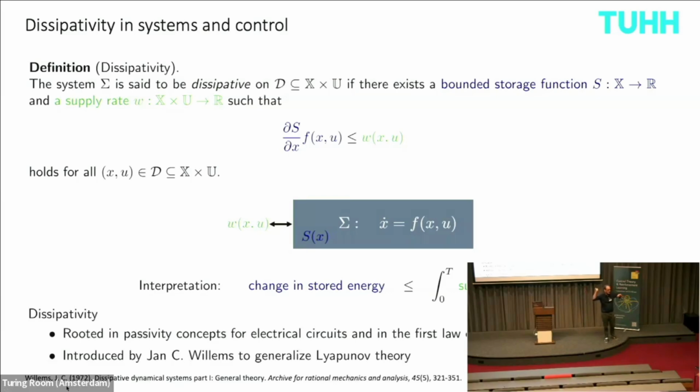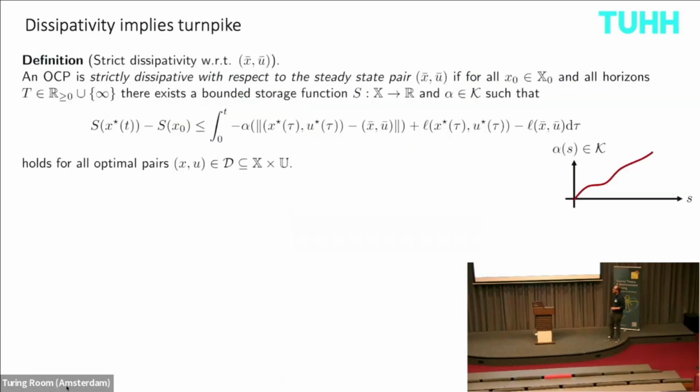And Willems was very much aware of this, because he had a training as an electrical engineer, if I'm not mistaken. And he then generalized this. And that resonates with the notion of having a useful description of the first law of thermodynamics and actually also of the second law of thermodynamics for open thermodynamic systems, where you can have energy or information flowing over system boundaries. Okay, what can we do with dissipativity?